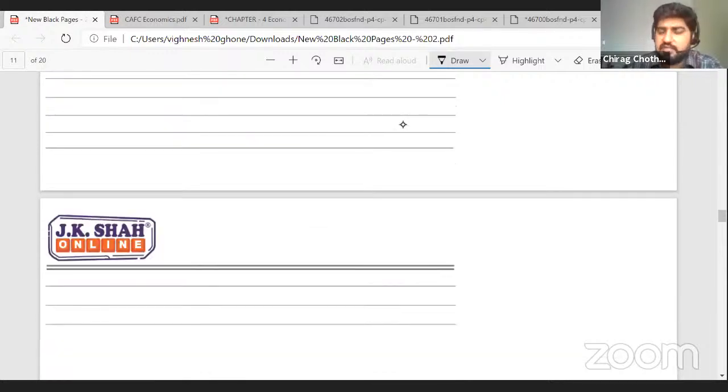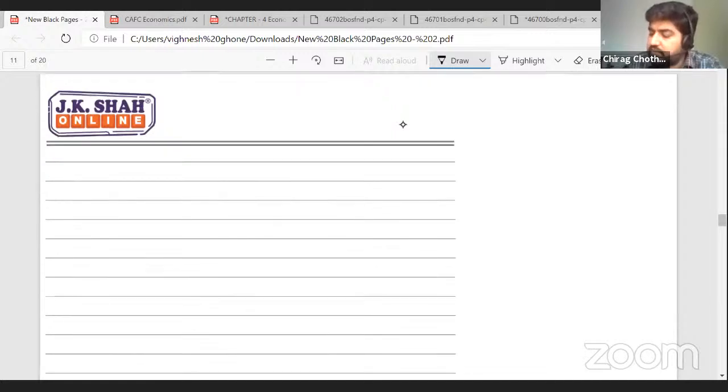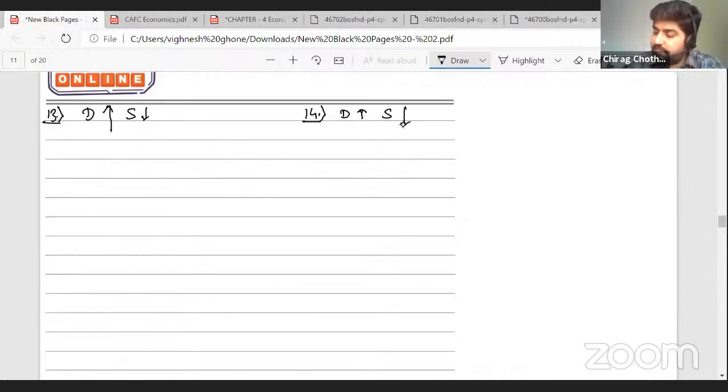Okay, so the next and the last set, the 13th one, demand increases more than the decrease in supply. Case 14, demand increases less than the decrease in supply. Case number 15, demand decreases more than the increase in supply.